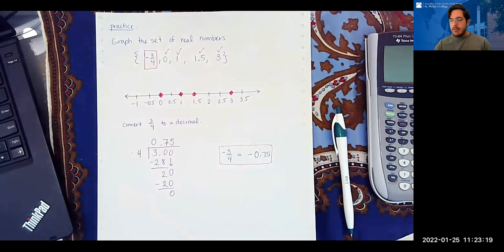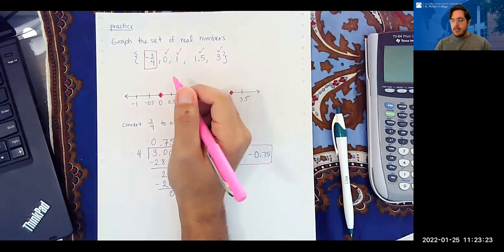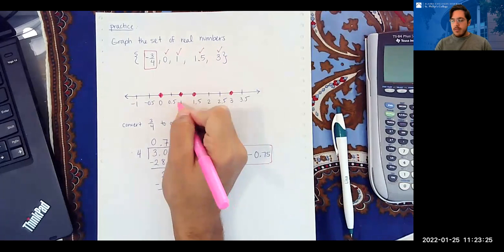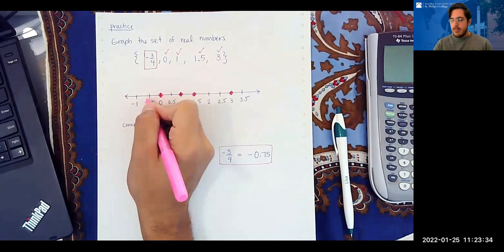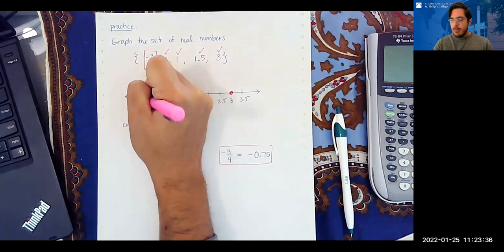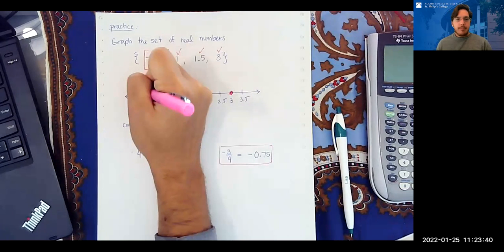Between the 1 and the 0.5? Yeah, or somewhere in between there. So over here? The negative. The -1 and the -0.5, right? Yes. Yeah, right in the middle. So that would be where -3/4 goes. Right there.